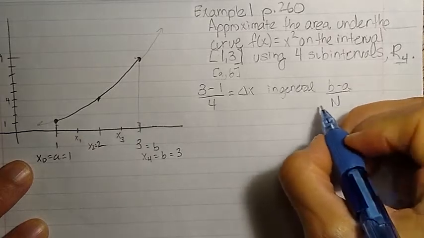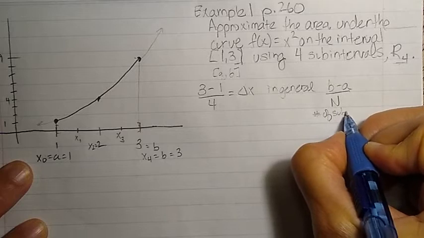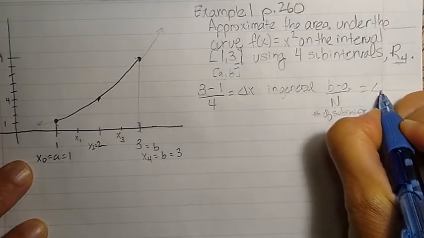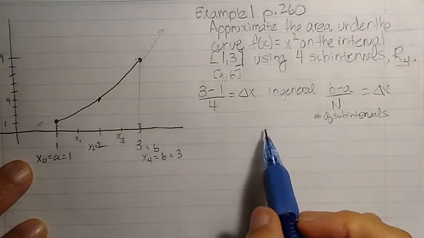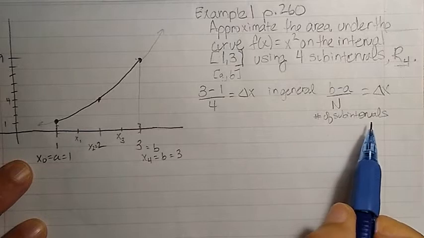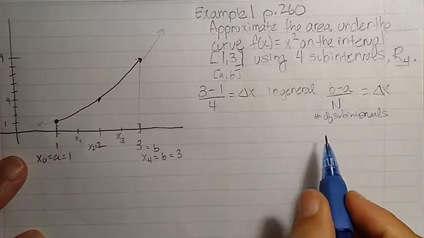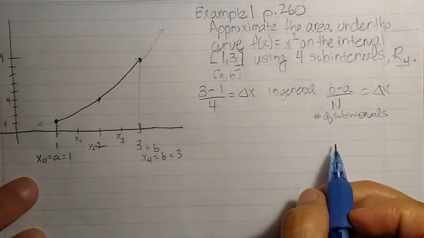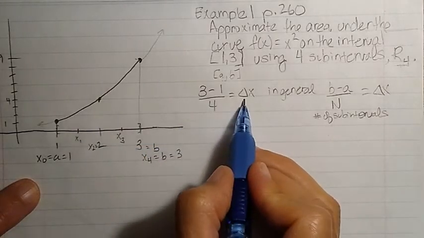We'll call that capital N, our number of subintervals. And that will be delta x. We're just going to say delta x because we're going to have even width subintervals. There's a development of a Riemann sum where you can have varied width subintervals, but we're going to just discuss even width subintervals. So that's the length of each subinterval.